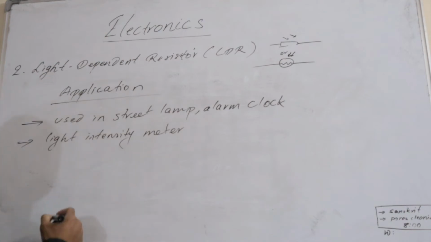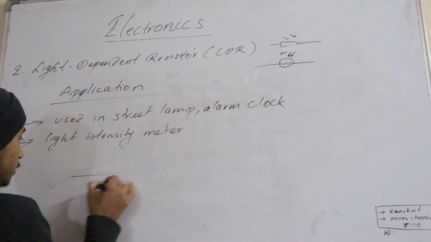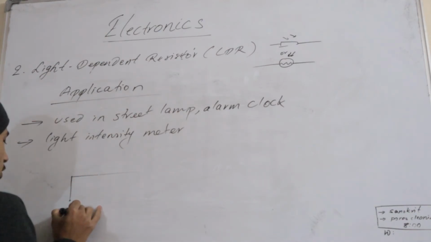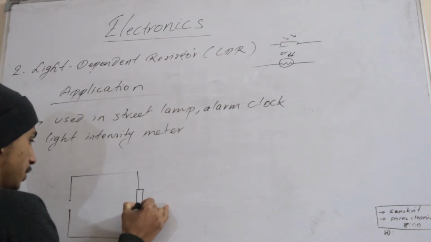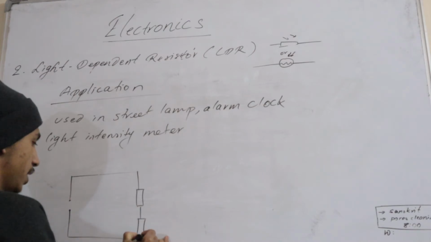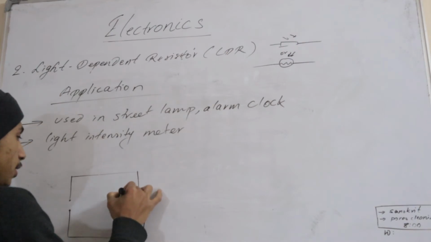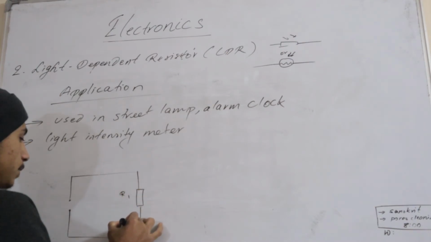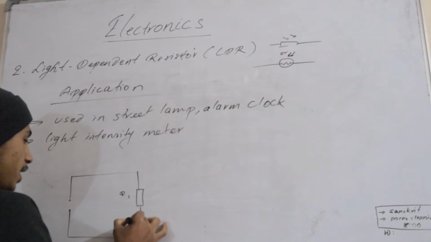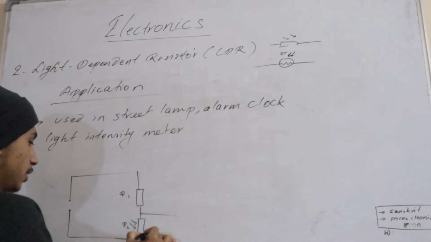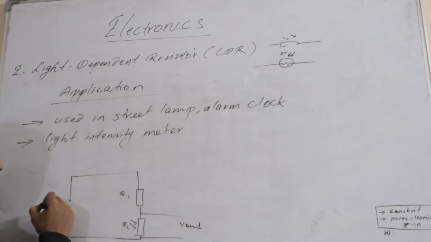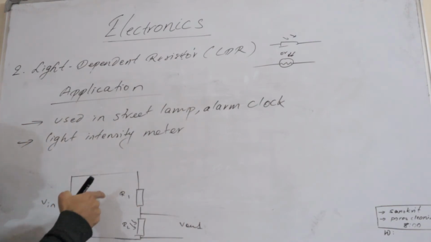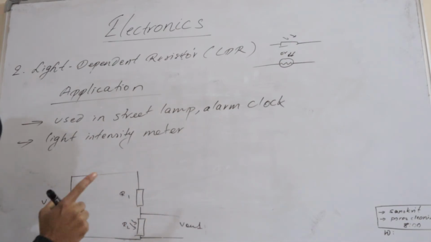Another thing, the circuit diagram. This is not too tough, but it is conceptual. If you get confused here, you can check my tutorial on YouTube, where you will find out what a potential divider is. This is the potential divider, here will be voltage out, and this is voltage in. This circuit has a formula.